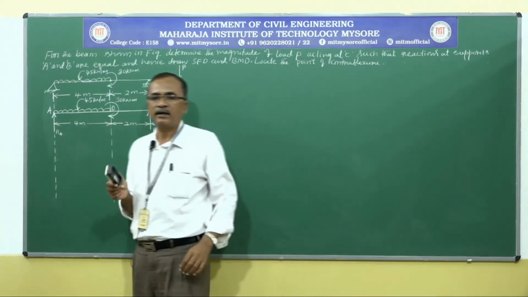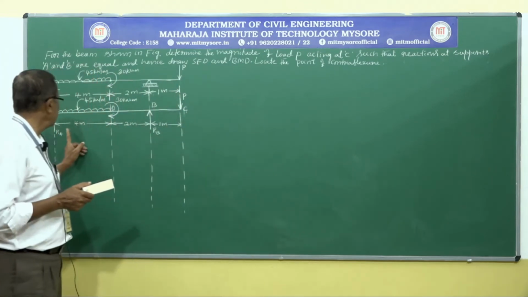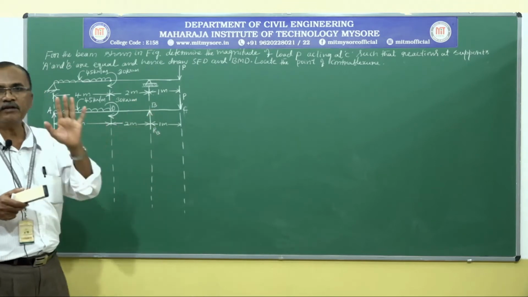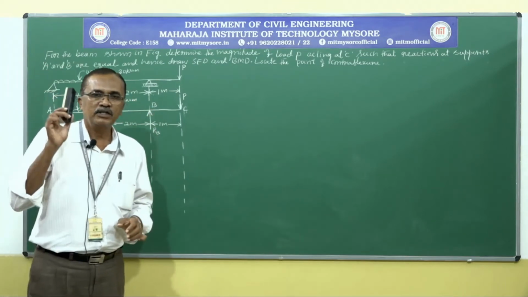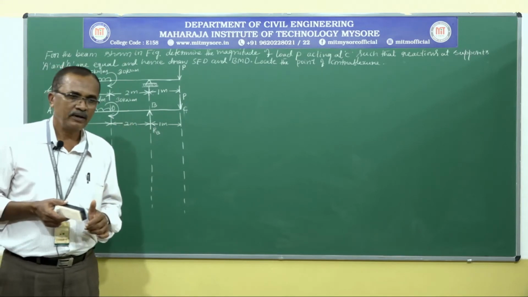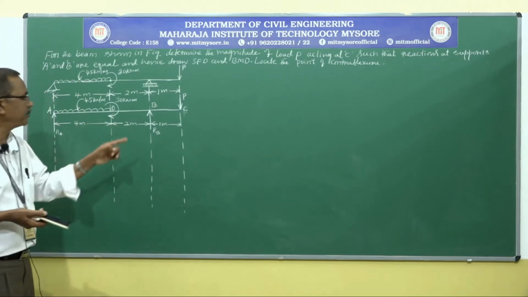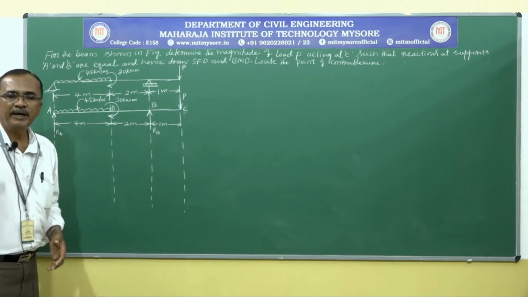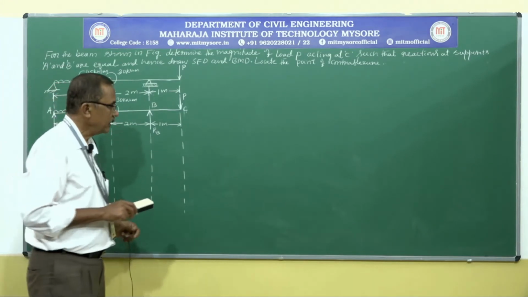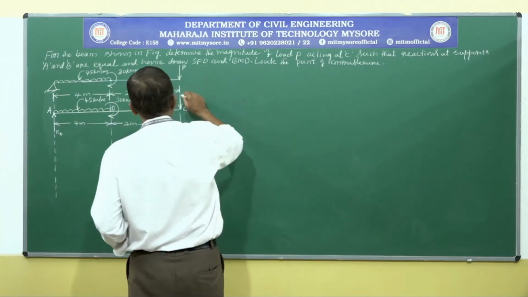Once we calculate P and the reactions at the supports A and B, we can comfortably draw the shear force diagram for the completed loading diagram. And next we can calculate bending moments at various salient points and we can draw the bending moment diagram. Let us calculate support reaction and the P.